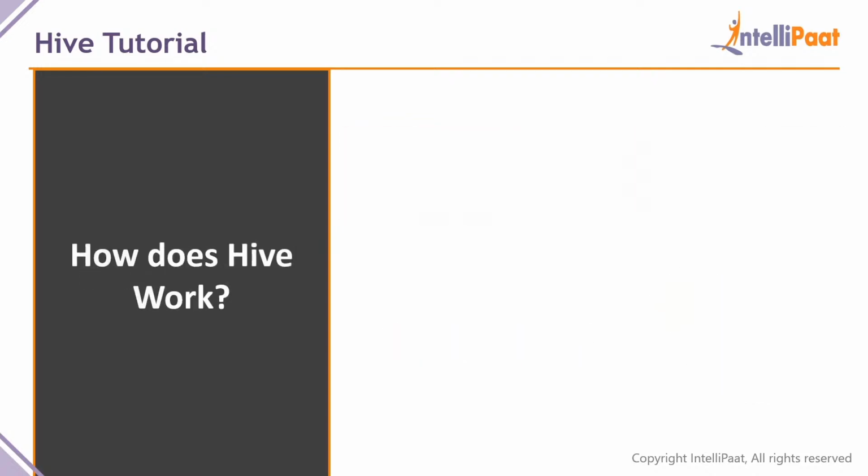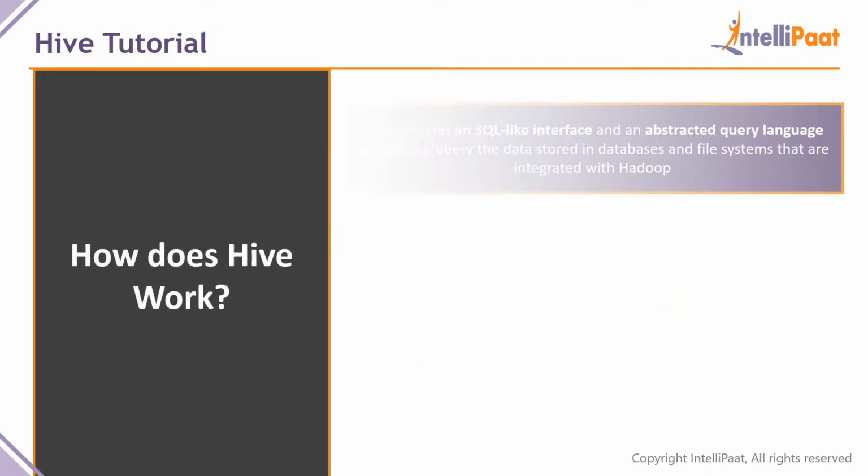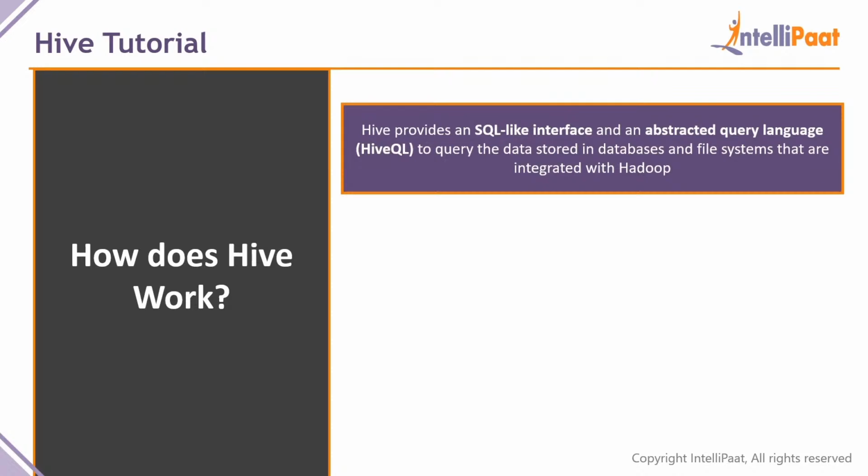So how does Apache Hive work? Hive provides you with an SQL-like interface, similar to what you would have in MySQL, and a query language called HiveQL. HiveQL is identical to SQL. So the similar statements that you would run on an SQL interface, you can run on Hive as well to query your data, the data stored in databases and file systems that are integrated with Hadoop essentially.